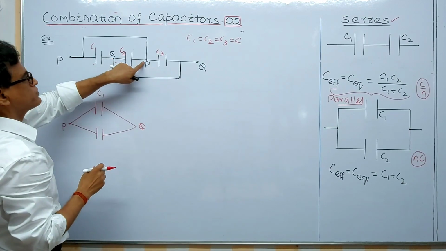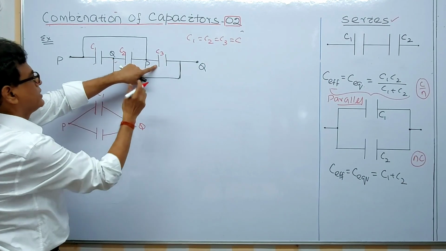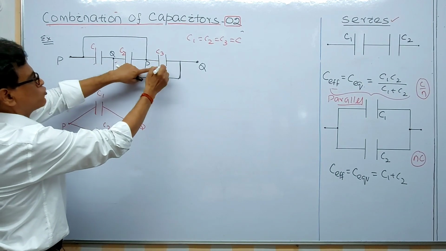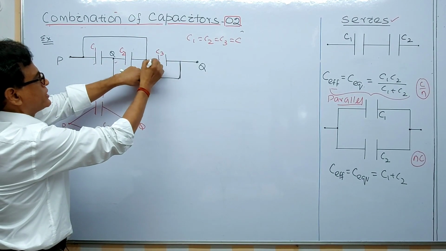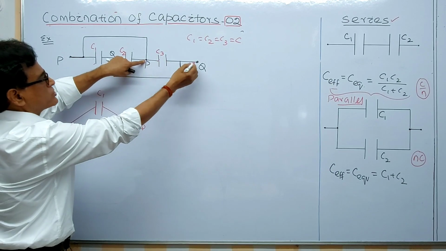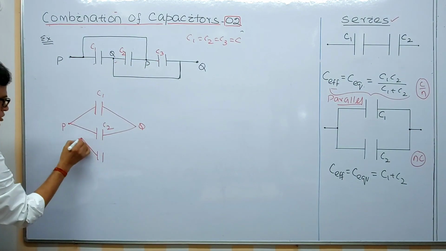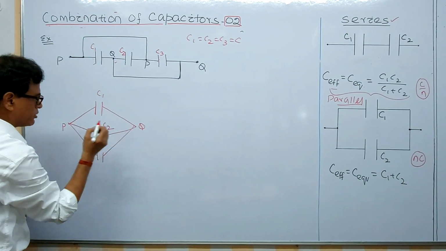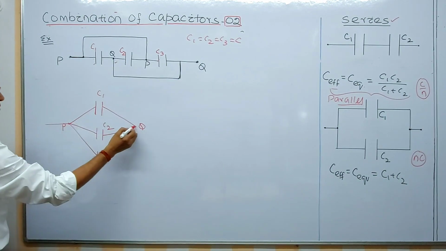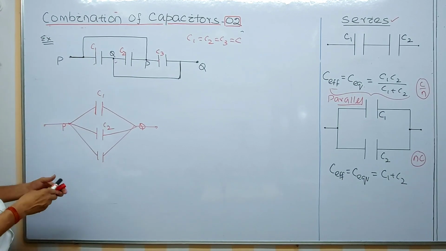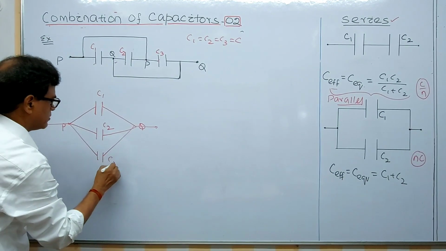Now here come to this point, C3. Now this is C1, this is C2, C3. There are two plates. One plate is connected to P, another plate is connected to Q, and these are the terminals P and Q. And it seems to be parallel, not series.